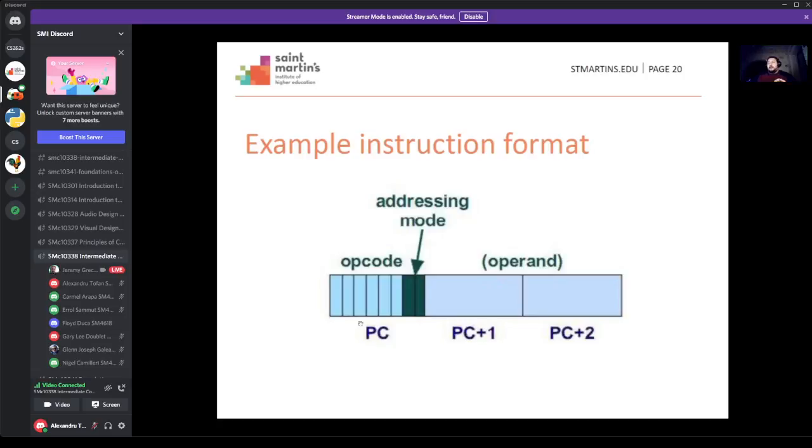If we want to go to the next instruction, our program counter needs to be incremented by 3, because this is the first byte, this is the second byte, and this is the third byte. To go to the next instruction, you need to go to the third byte plus 3. Does this make sense?